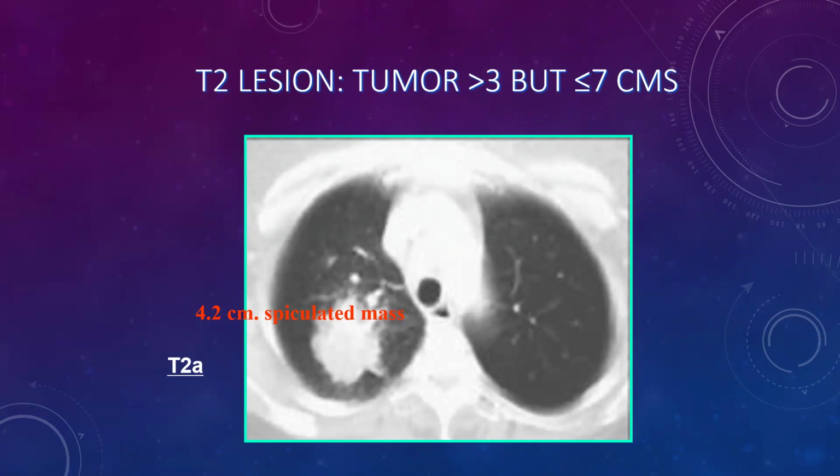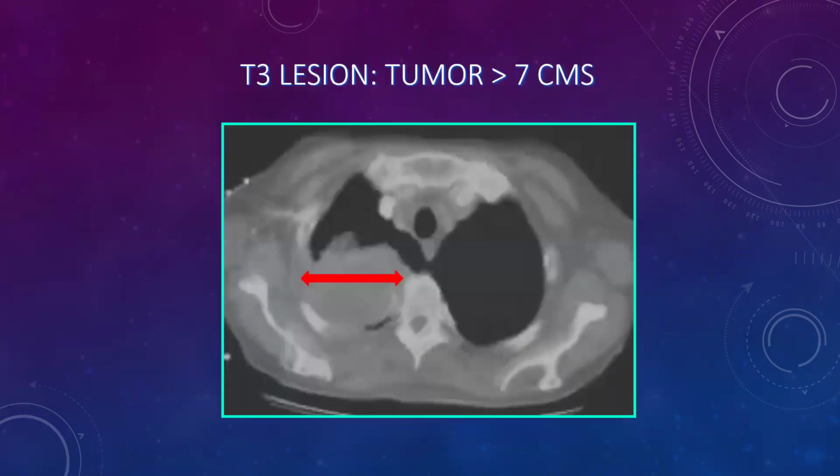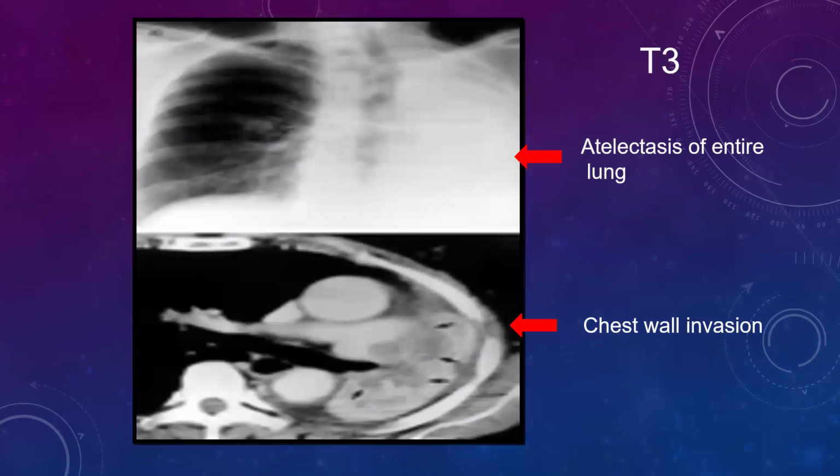So T2A. Here we have a tumor that is more than 7 centimeters. So more than 7 centimeters, that will fall under T3. Or if there is atelectasis of the entire lung, or if there is chest wall invasion, again, those will fall under T3.